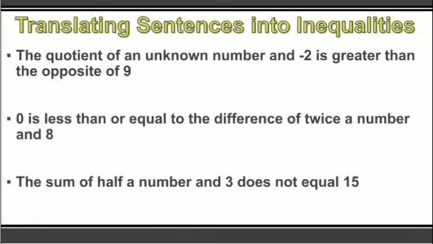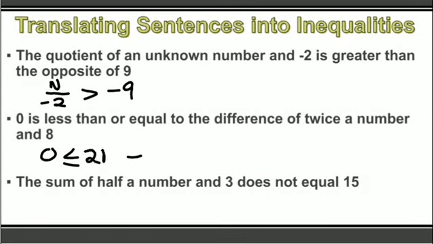And a few other ones. The quotient of an unknown number and -2 is greater than the opposite of 9. So the quotient, the division of an unknown number and -2 is greater than the opposite of 9. The opposite of a positive 9 is a -9. 0 is less than or equal to the difference of twice a number and 8.